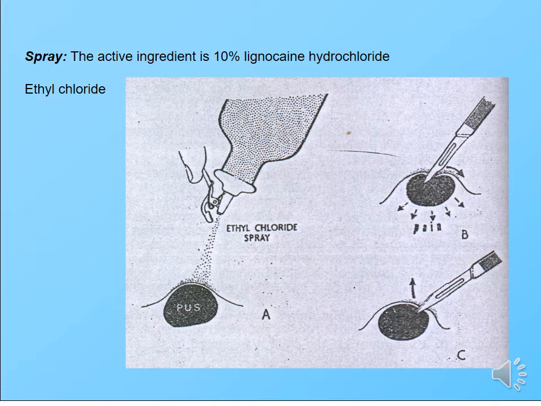Because pus is an acidic medium, the local anesthetic solution does not work well. So by freezing this part of the skin or mucosa, you can punch the abscess or pus formation to drain it from the oral cavity.